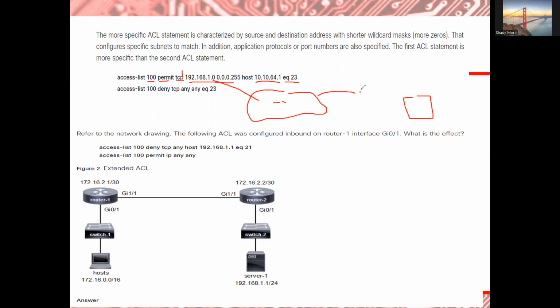I will say to my router, which is in between: if you get this traffic coming from this network, 192.168.1, and it tries to communicate with my host, 10.something.64.1, over port 23, which is telnet, what will it do?